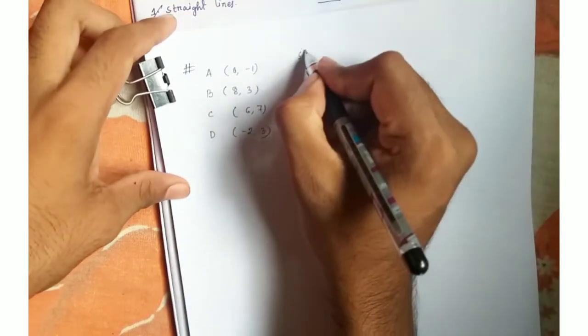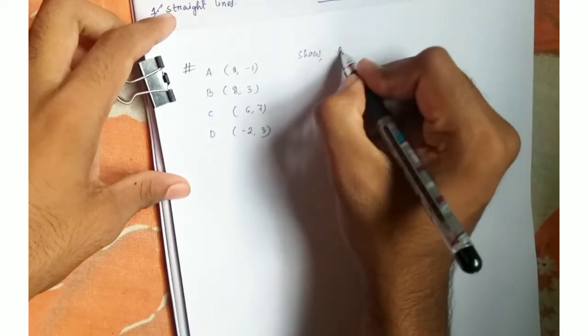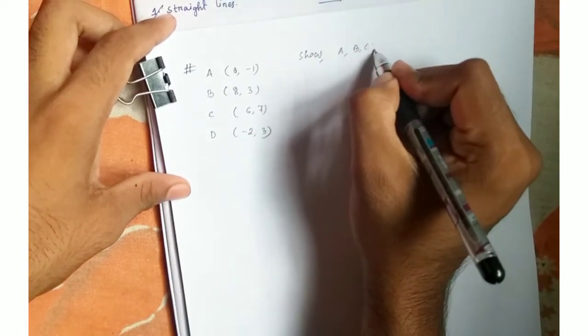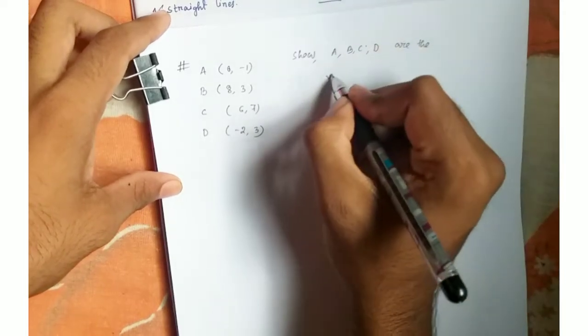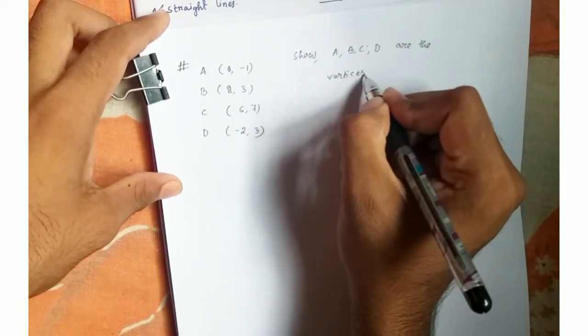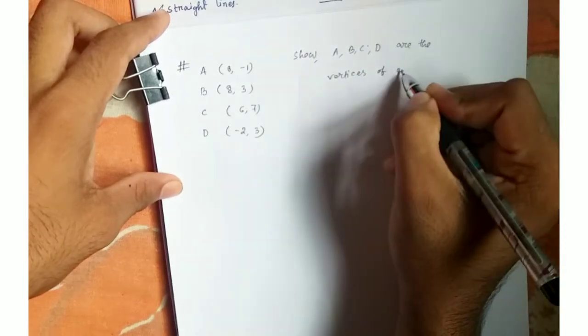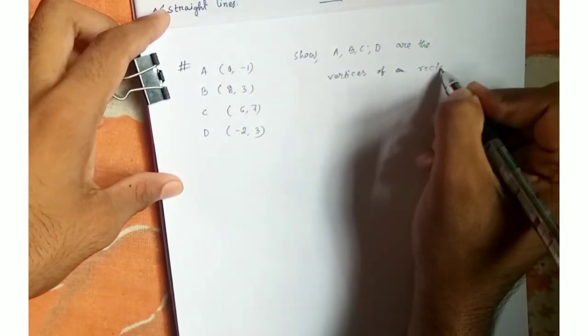We have to show that A, B, C, D are the vertices of a rectangle.